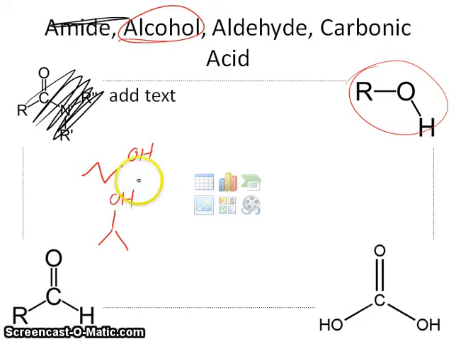Alright, so we have two different molecules, and just like with many other things, you want to start numbering these off in the way that'll give the OH here the lowest possible number. So we'll start here for this one, 1, 2, 3, and it's 3, so it's going to be propyl, prop.